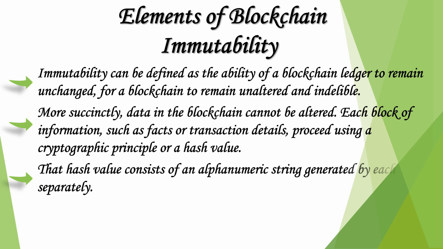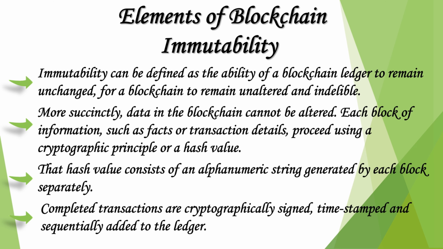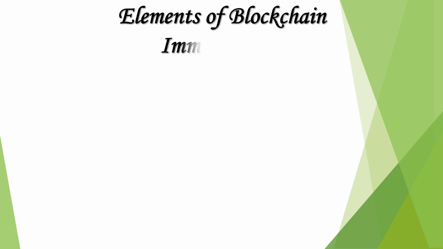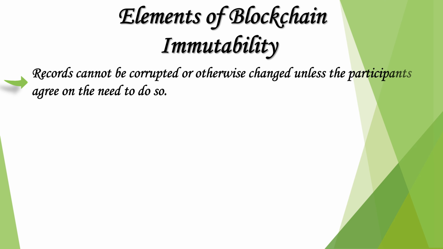That hash value consists of an alphanumeric string generated by each block separately. Completed transactions are cryptographically signed, time-stamped and sequentially added to the ledger. Records cannot be corrupted or otherwise changed unless the participants agree on the need to do so.